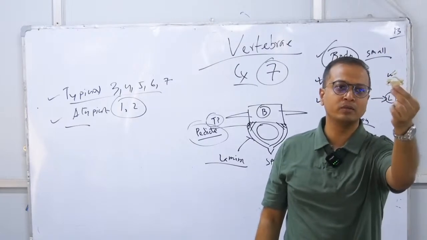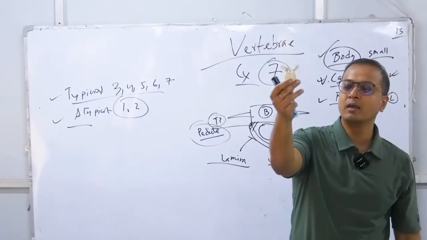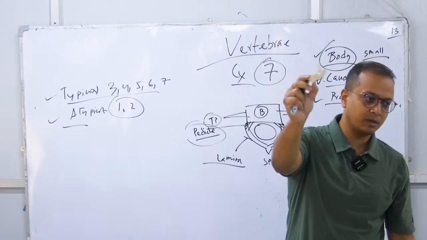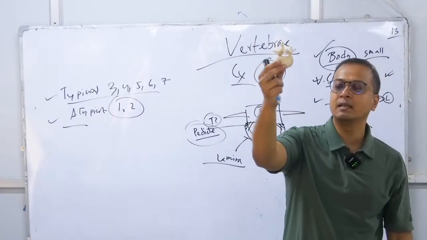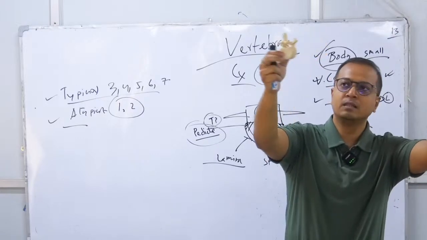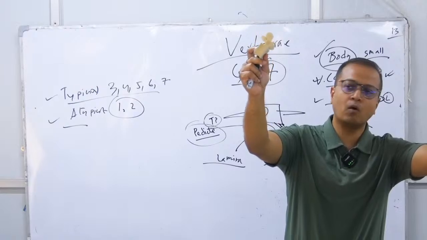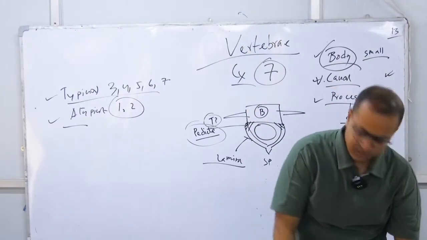This is the body which the cervical vertebra has, and it is way less than that of the vertebra in the dorsal or thoracic segment, and the one lying in the lumbar segment. You can see the comparative difference in the body girth, length, everything together. It's way too small compared to the lumbar. So the body is small and thin as well.